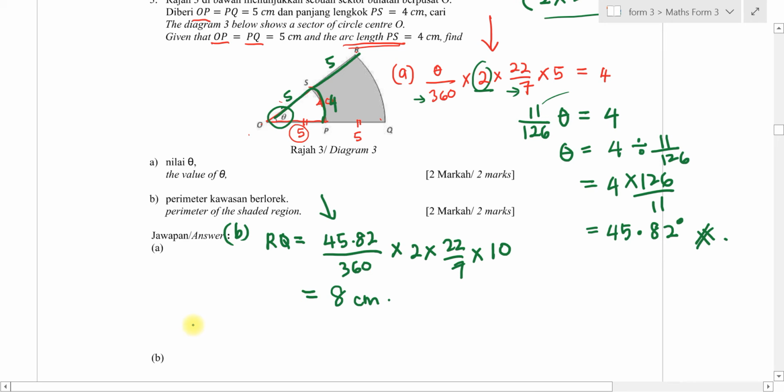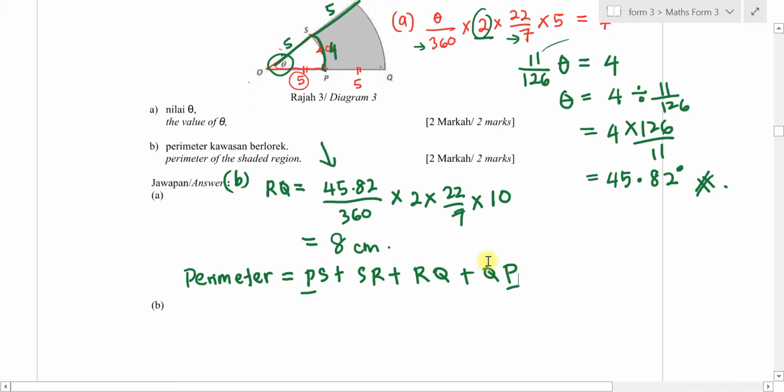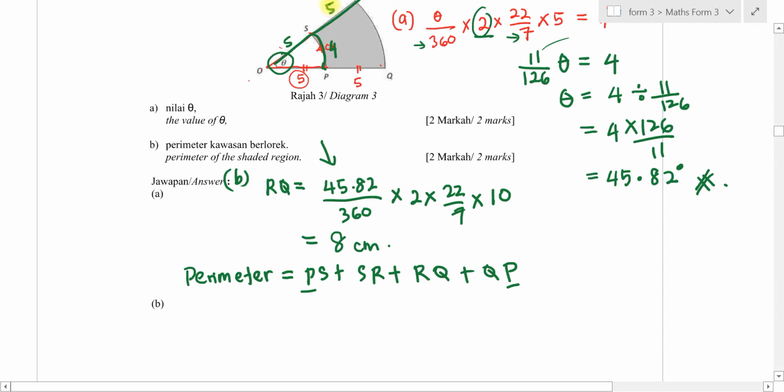Now sum them up. We want the perimeter of the shaded region. For perimeter, write properly the working. First let's say you start with P. PS plus SR plus RQ plus QP. Start and ending must be the same letter if it is an enclosed area.